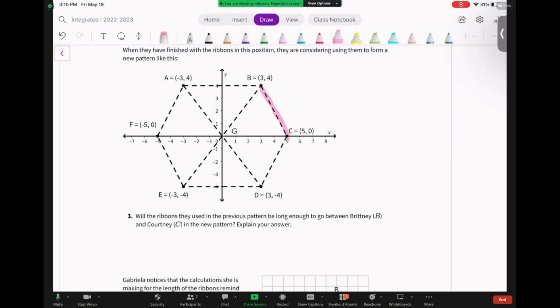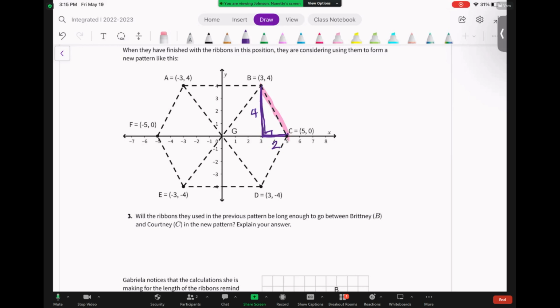Whenever they're asking me for distance, I'm always going to use the Pythagorean theorem. So I'm going to draw this here and drop it down. I don't know how to draw a straight line, but there it is. If you look, how long is each side of this right triangle? Maybe someone said, this is 2, Miss Johnson, and this is 4.